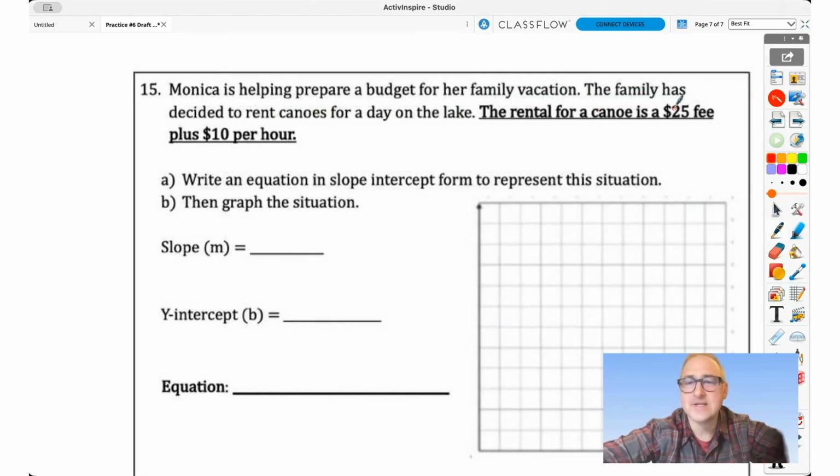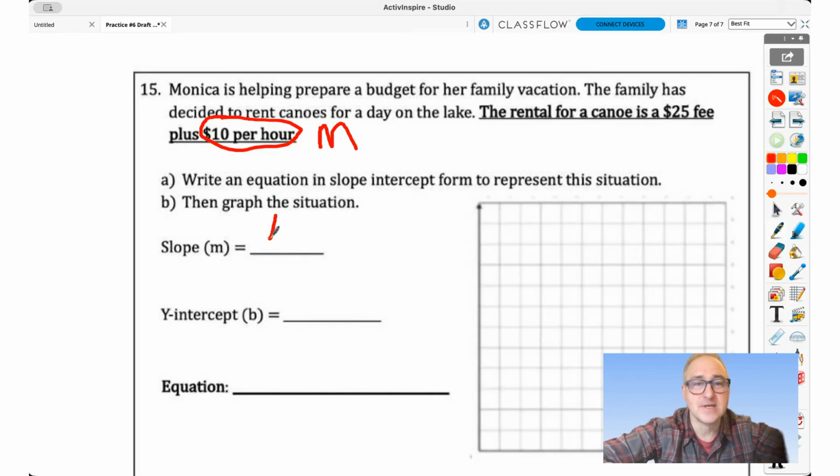The rental cost is a $25 fee plus $10 per hour. Now the order is different, but remember that we're always looking for a number with an unknown. That's our m and our x. The word per tells us to multiply. So this, although it comes second, is actually our slope.